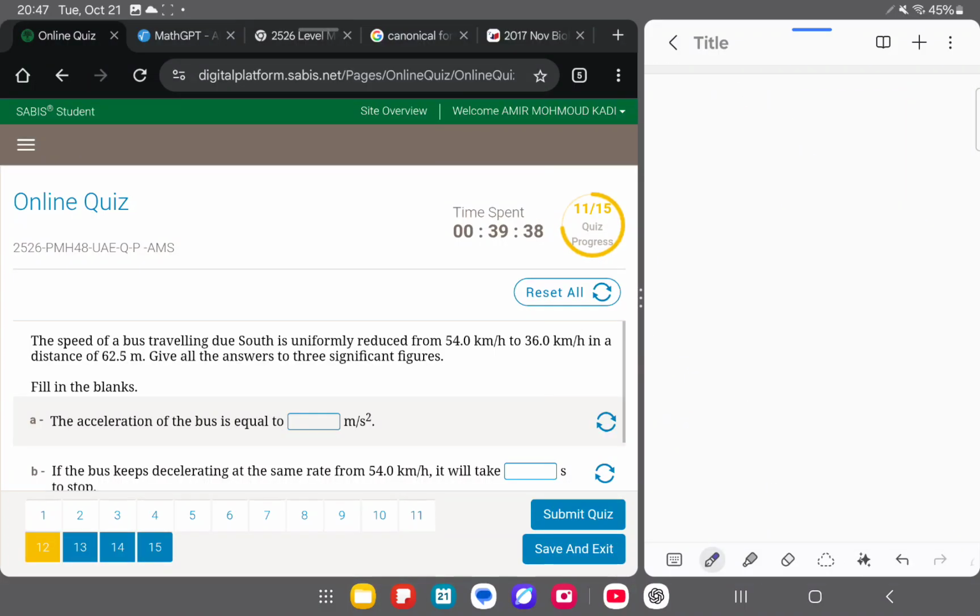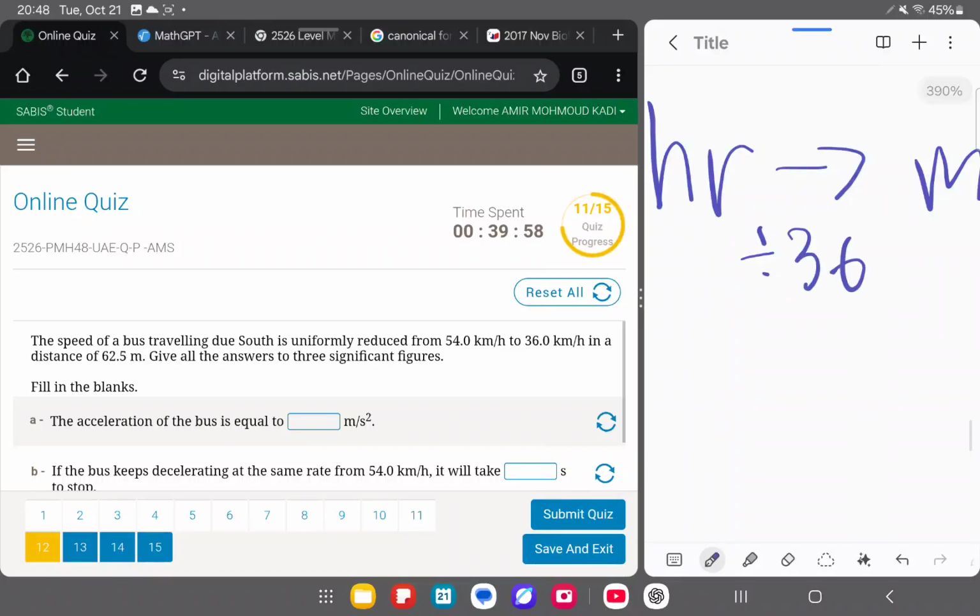Okay, now over here, there's a trick. They give us kilometers per hour. When they give us kilometers per hour, we do not want kilometers per hour. What we want is meters per second. How do we convert kilometers per hour to meters per second? We have to divide by 3.6.